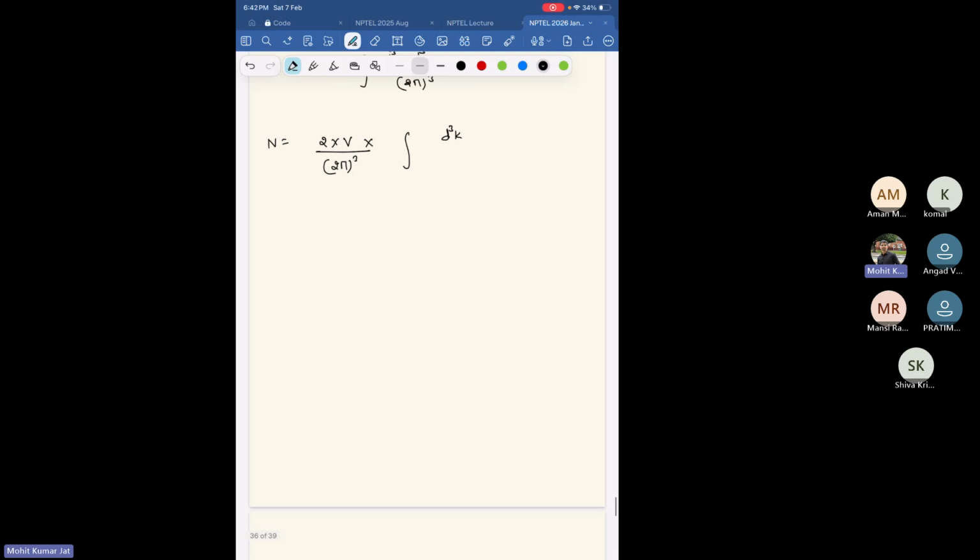Now you need to do this integral d^3k. If I assume the system to be spherical, I can write its volume, which is essentially d^3k, as 4/3 π k^3, right? That's the volume of a sphere, 4/3 π r^3. Or you can derive it also.